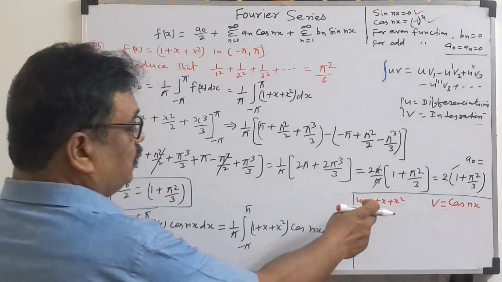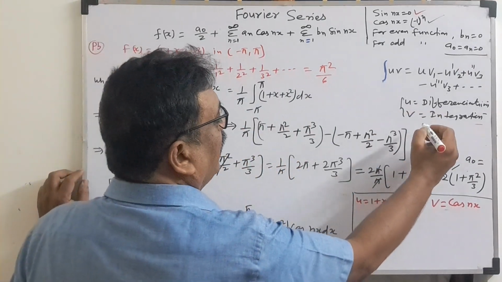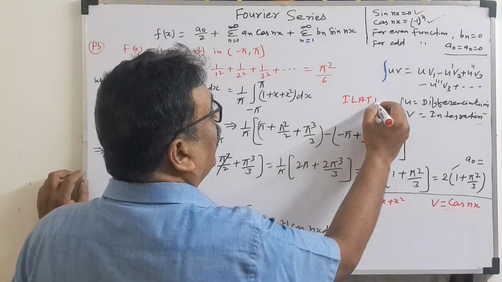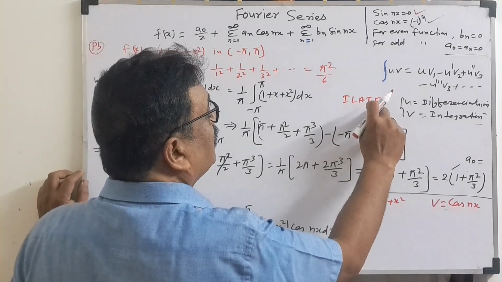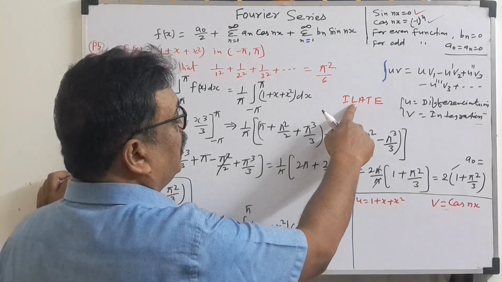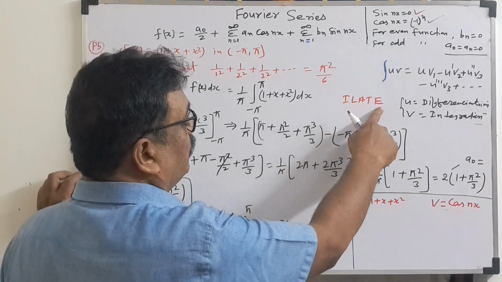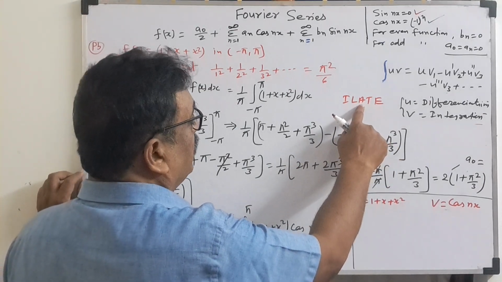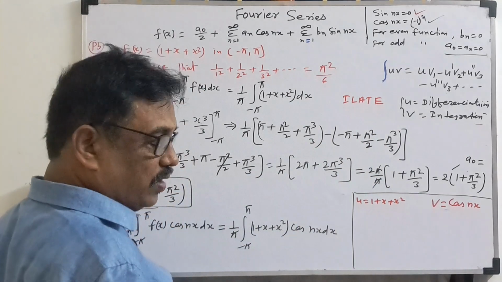Why do we assume this as u? One format is there, ILATE. Write I-L-A-T-E, ILATE. Always when doing integration, first function will be inverse, then logarithmic, algebraic, trigonometric, exponential. Here we have algebraic and trigonometric, so the first function is algebraic, then trigonometric. That is one concept.